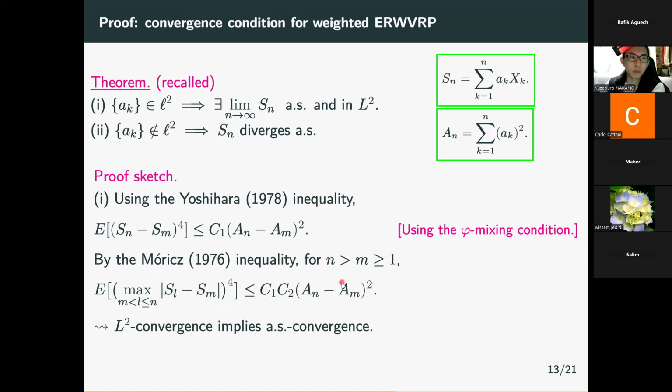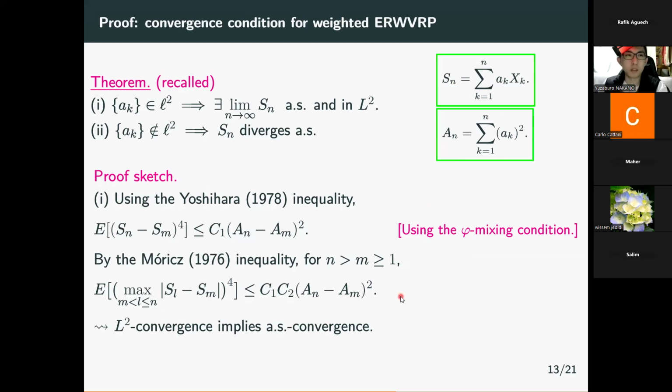And what is the sequence An, Am? An is the square sum of Ak, the weighted sequence. And Sn is the weighted sum of xk. Okay. So here do you use martingale properties? No. Sn is not a martingale.